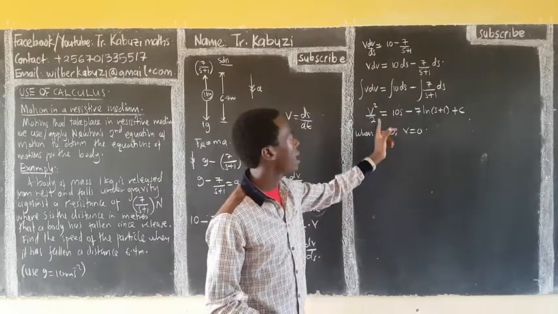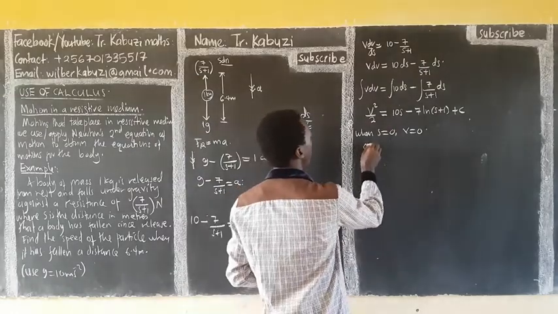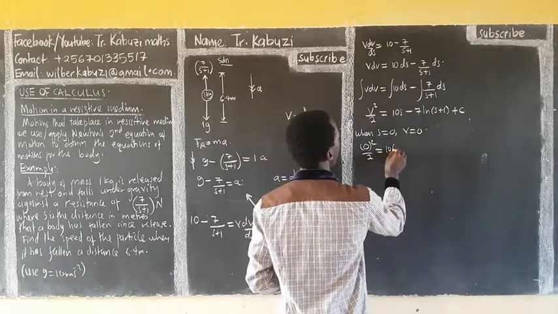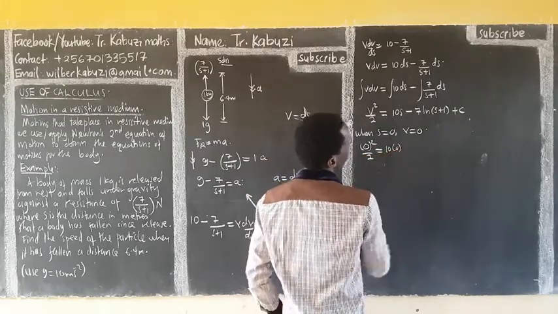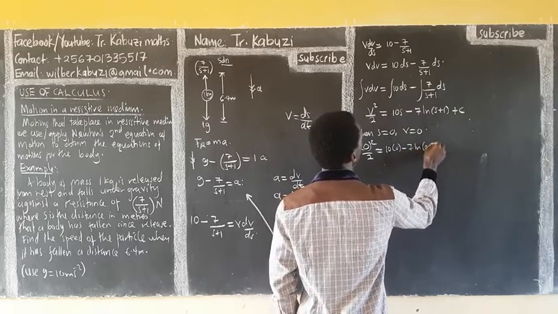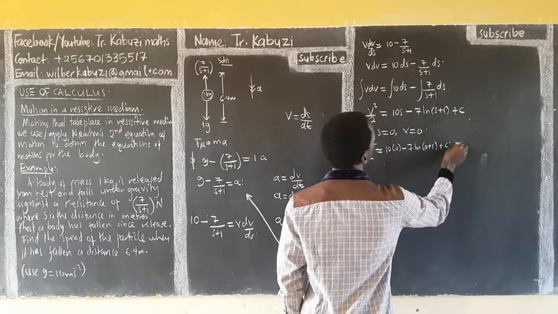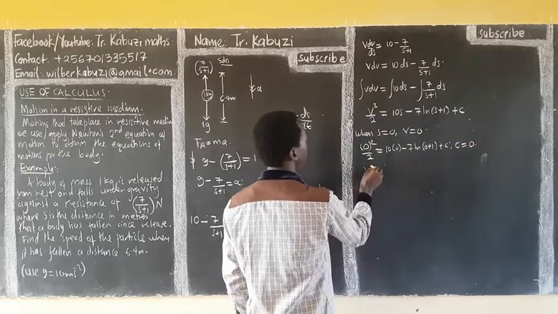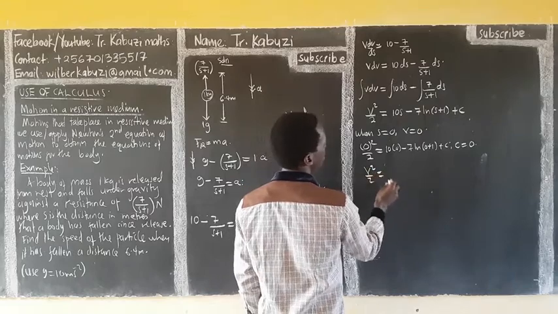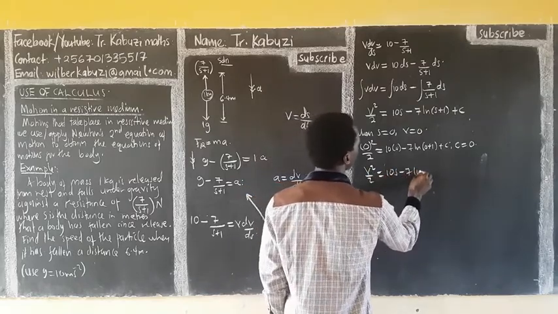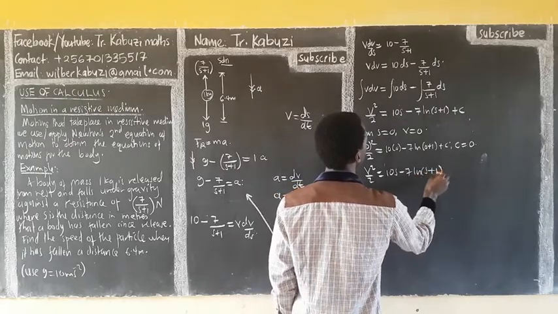So I substitute here: v squared over 2 equals 10 times 0 minus 7 natural log of 0 plus 1, plus c. That implies c is 0. So v squared over 2 is equal to 10s minus 7 natural log of s plus 1.